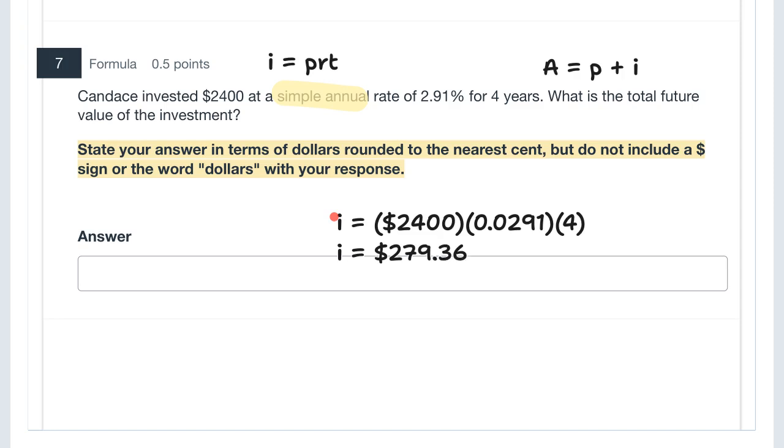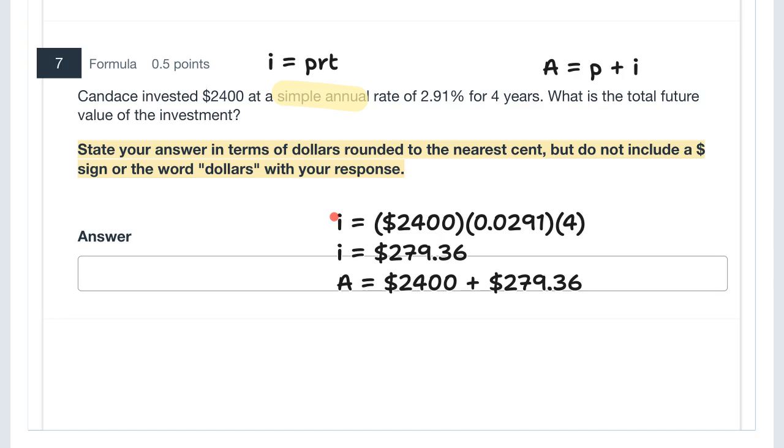279.36. And then that means our future value A is the 2,400 plus the 279.36. And again, like before, I have that number in my calculator. I'm not going to clear it out and retype it. So all I do is I just hit plus 2,400.